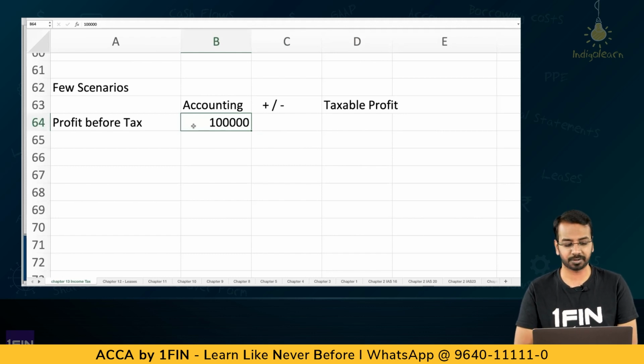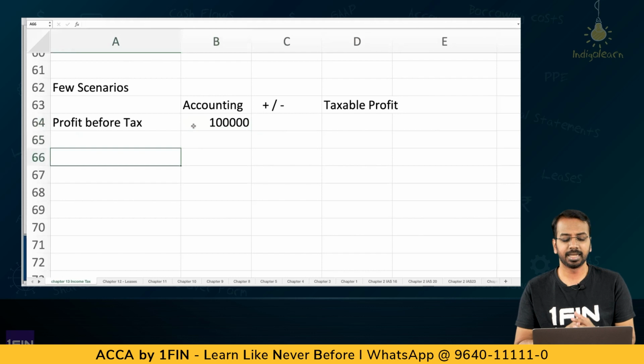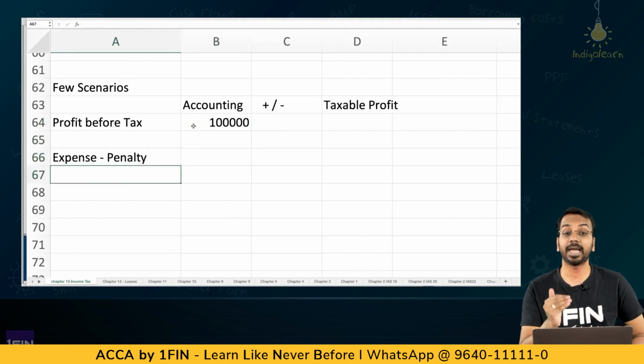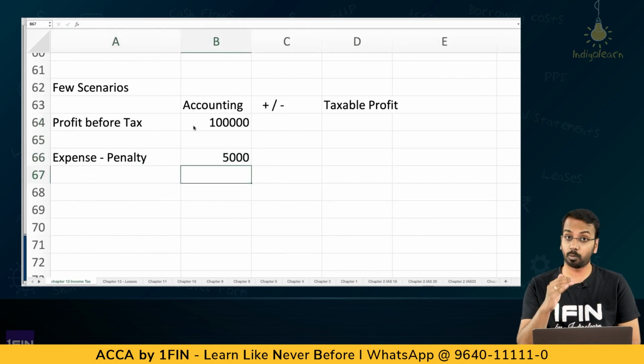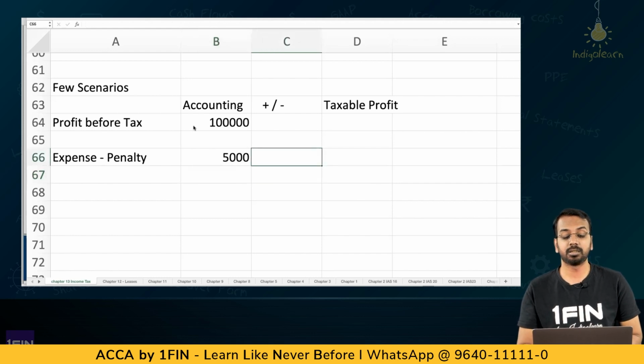Now, what is this permanent difference? Say for example, while calculating this profit before tax, there is an expense related to penalty, which is 5,000. So when we calculated profit before tax of 100,000, we have deducted 5,000 of expenses on penalty, which the tax laws say cannot be deducted.